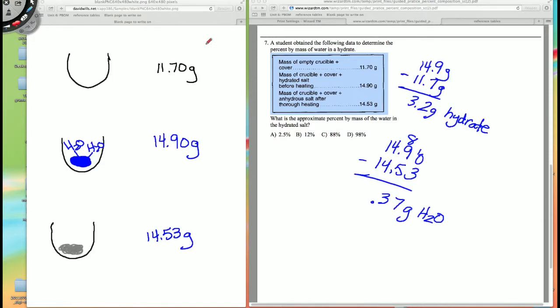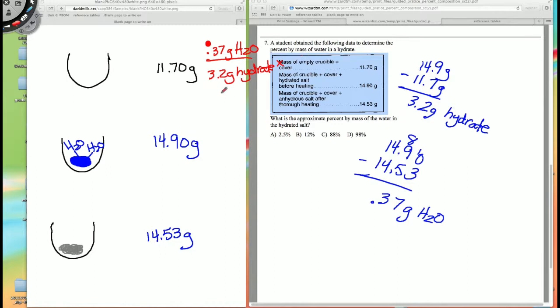Let's write it up here and see if this works. 0.37 grams of my water over 3.2 grams of my hydrate times 100.